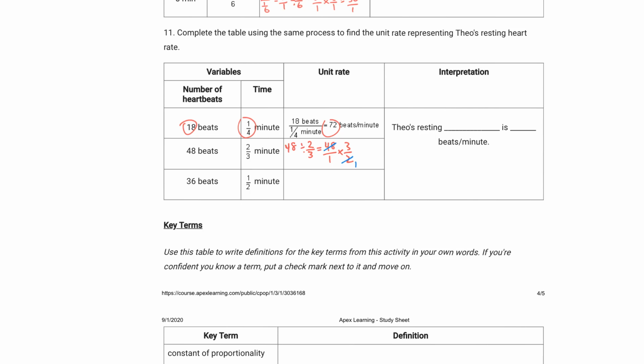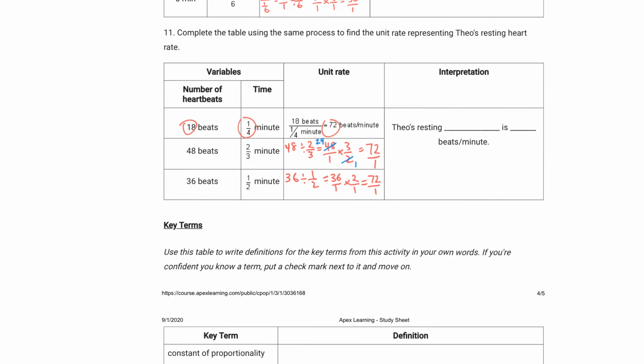That's 1, and this is 24. 24 times 3 is 72. So that's equal to 72 over 1. And then we have 36 divided by 1/2, which is 36 over 1 times 2 over 1, which is still 72 over 1.